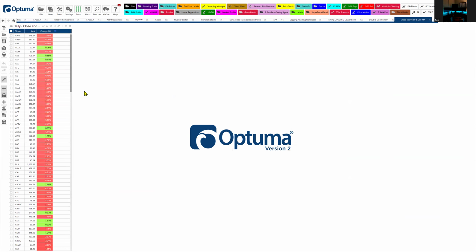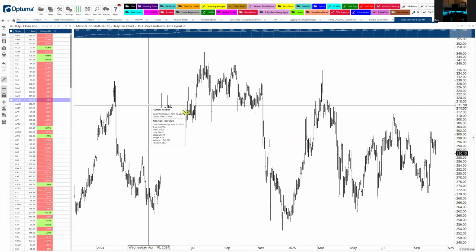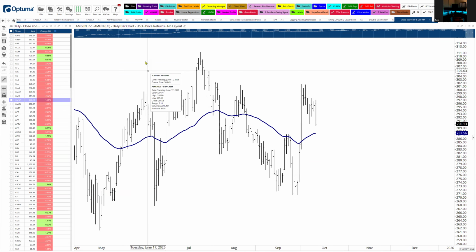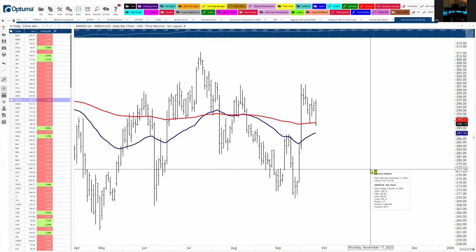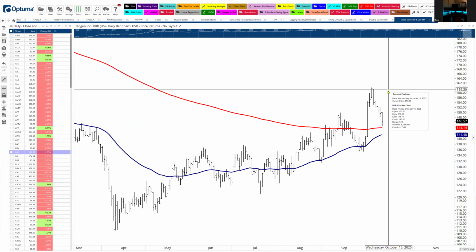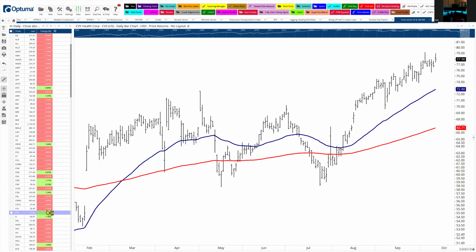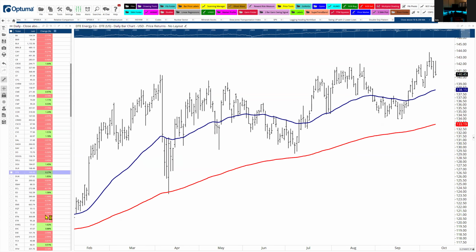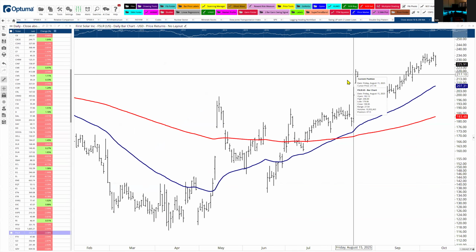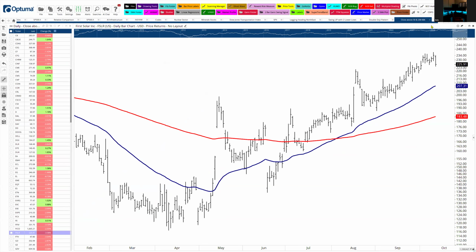Now I want to see if the conditions are really being met. Okay, fine, throw a 50 here, 200 here. So all these stocks are trading above the 50 and 200. It's going to filter like this, so you'll know exactly which are the stocks that are strong.